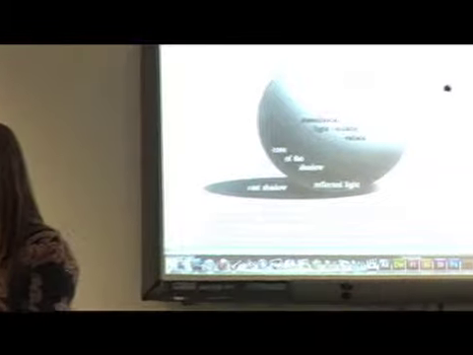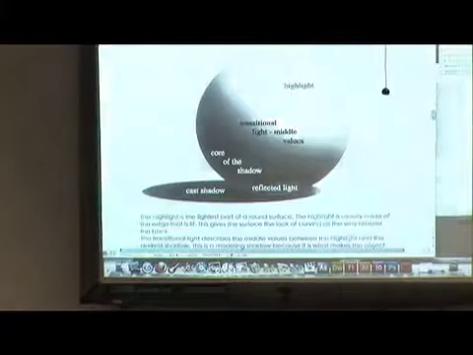Right here, okay? In the opposite direction. So this is how you can make something look three-dimensional on a flat surface, right? It's basically giving the illusion of light by using shadows and highlights.